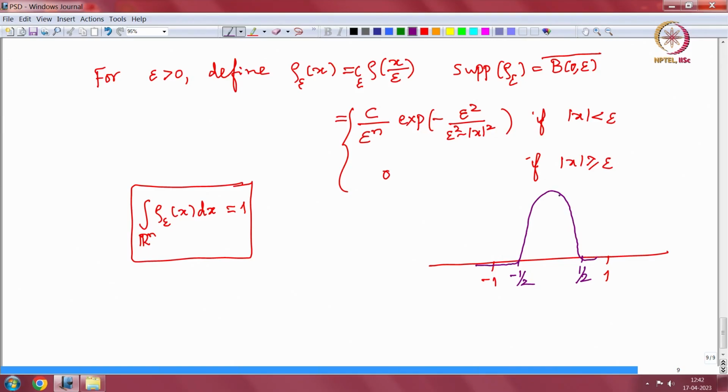So, this is rho half and the rho will be a little lower. Okay. So, sorry for that. This is rho. So, as epsilon becomes closer and closer to 0, this peak will go up and up. So, as an exercise, it is interesting to see that.